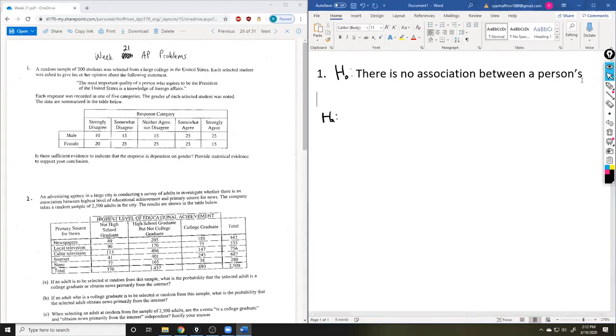Between a person's response to the question and their gender.